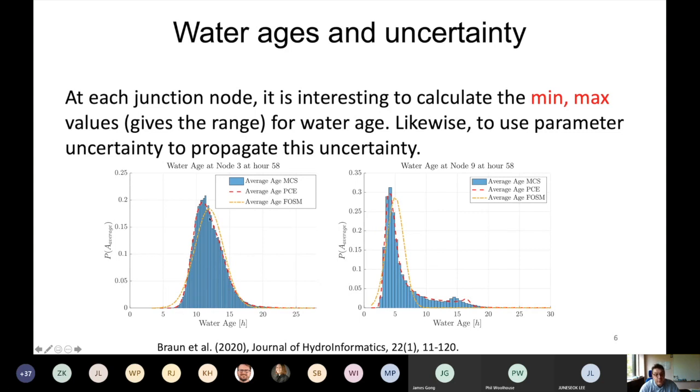In some cases there is only one mode. In other cases you could have two modes, meaning that there are different paths for water in your system. So for water age, we found it useful to calculate the mean and max, but also to understand the uncertainty of the water age and maybe the distribution.